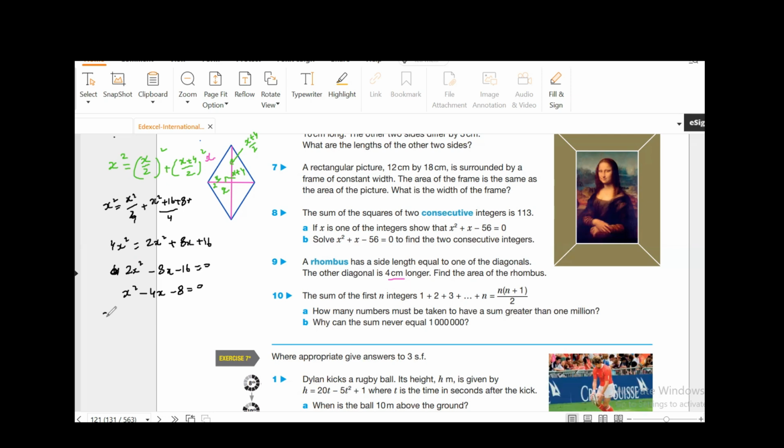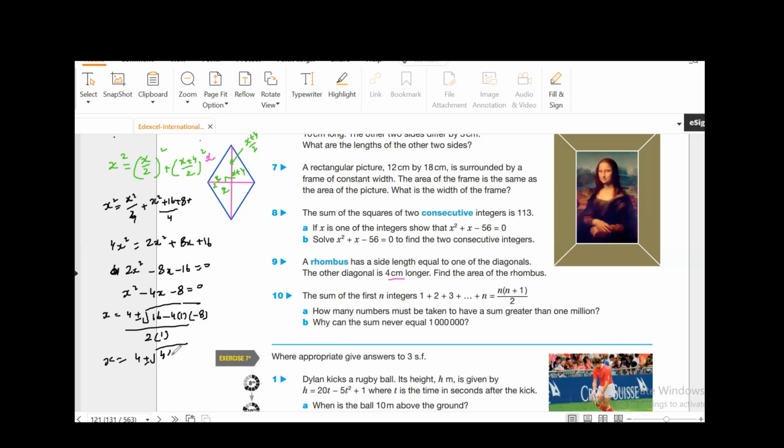So we can think about the quadratic formula. x is equal to minus b plus or minus the square root of b squared minus 4ac, over 2a. Now if we check in the calculator, 4 times 8 is 32, and 32 plus 16 gives me 48.